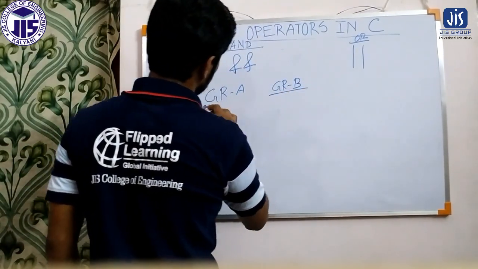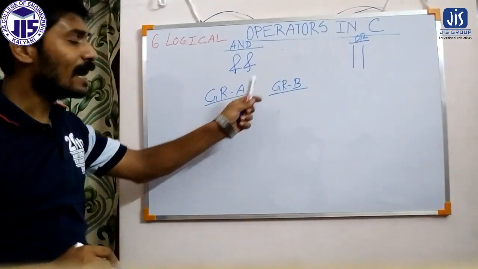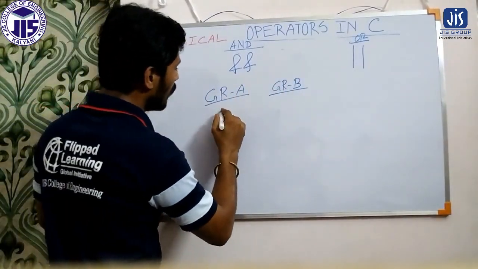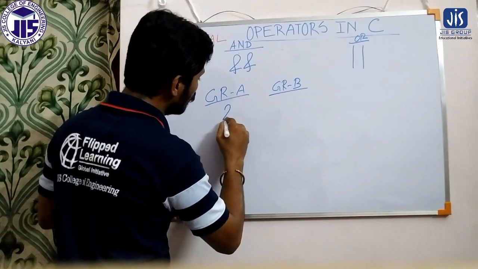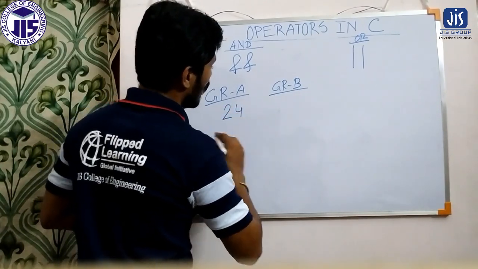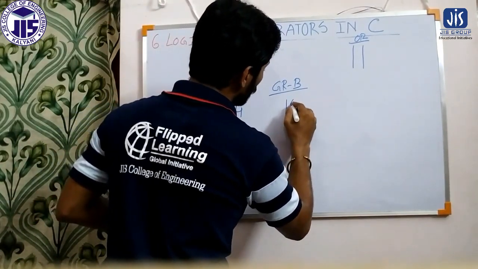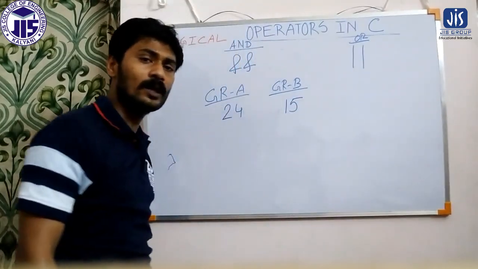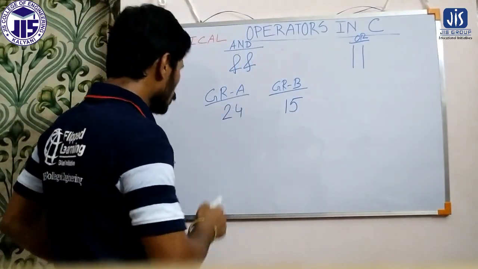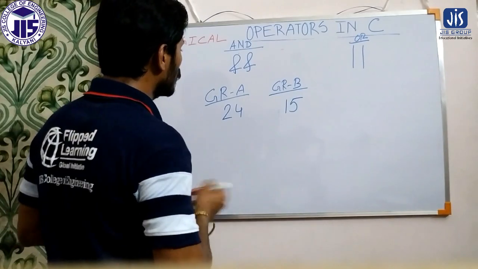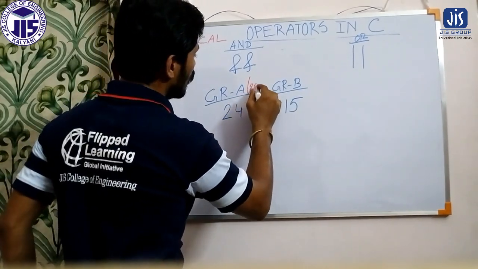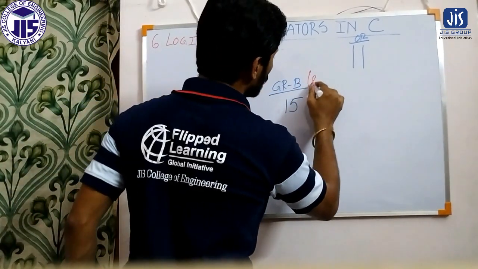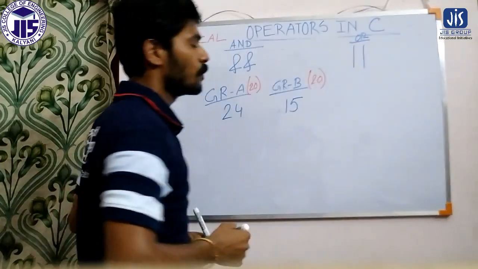Just the previous example. Okay, group A and group B. For example, my marks in group A is 24 and in group B is 15. Qualifying marks in group A is 20, qualifying marks in group B is also 20.